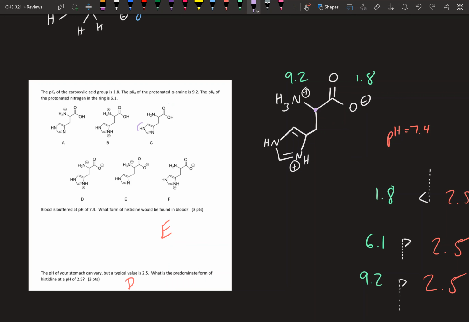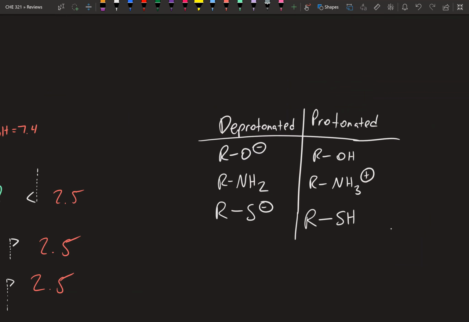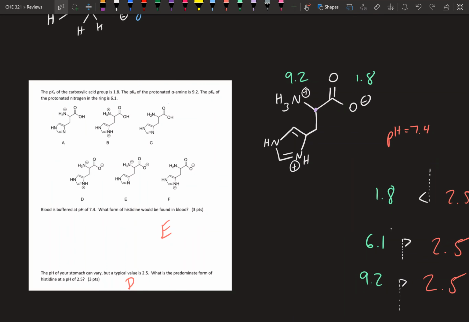So if you see this nitrogen, this nitrogen, this nitrogen here, here, and here, it's always the same. So they're not talking about that nitrogen. The one that they're talking about is this one over here. Okay? And you can see that it's going to have a positive charge sometimes and a neutral charge. So the neutral one is going to be the deprotonated state. The positive charge is going to be the protonated state. Okay? So if you keep those concepts in mind, you'll be golden for this kind of question on the test.